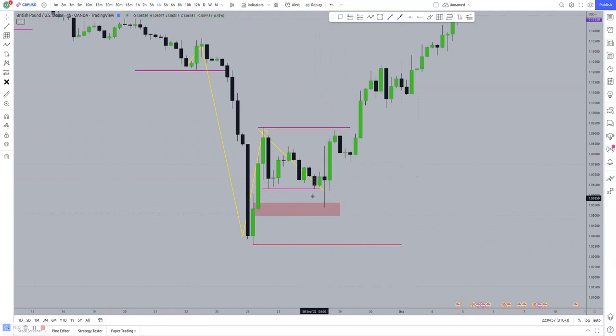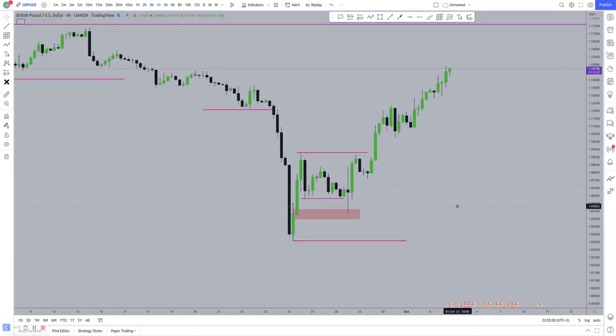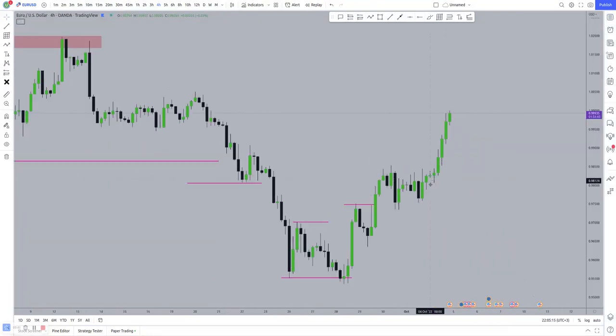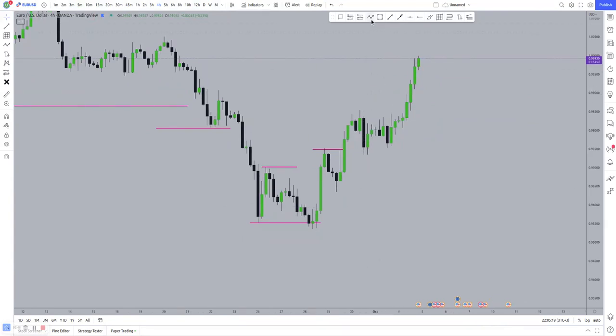But price failed to take out this low, which indicates that something is going on in this market. Now I compared GU with EU. Let's go to EU, and then look at what they did with EU.